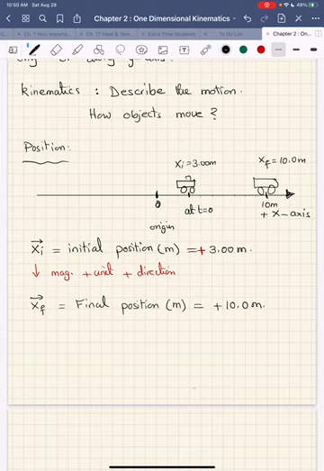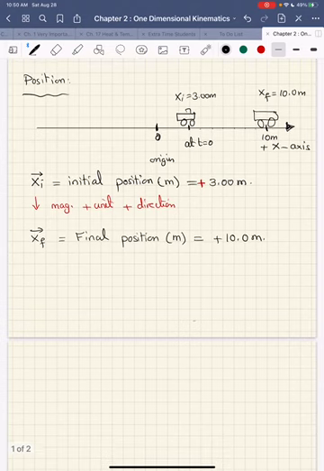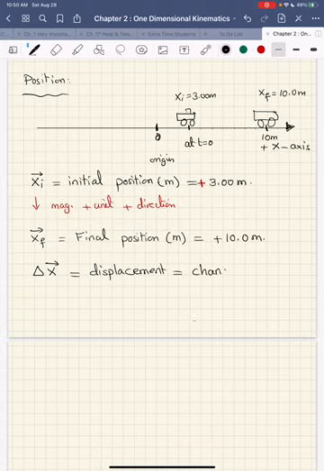Now, I can also define something. I will call it delta x. That is what is called displacement. Displacement we define as the change in position. Always, change is final minus initial.